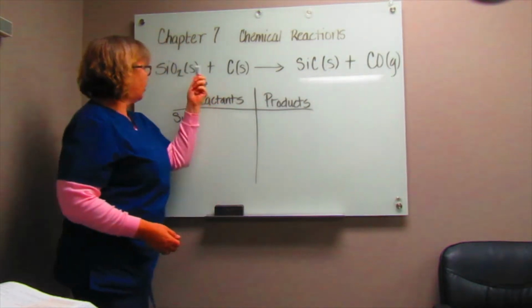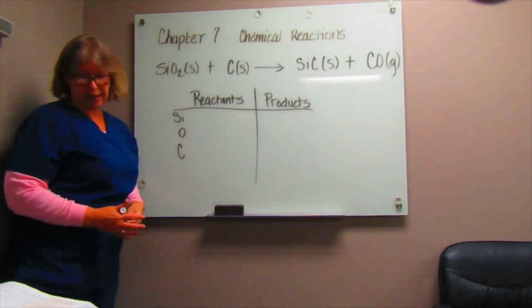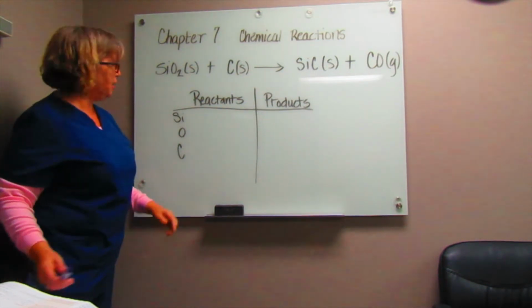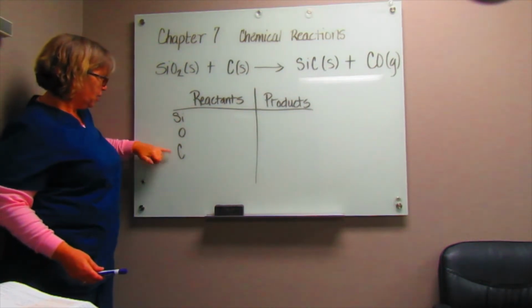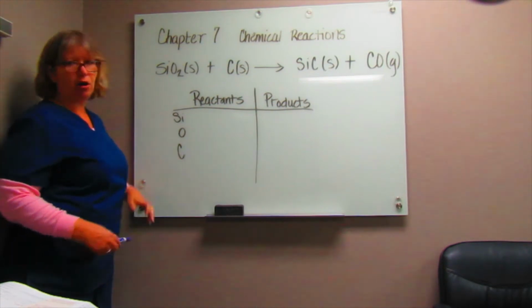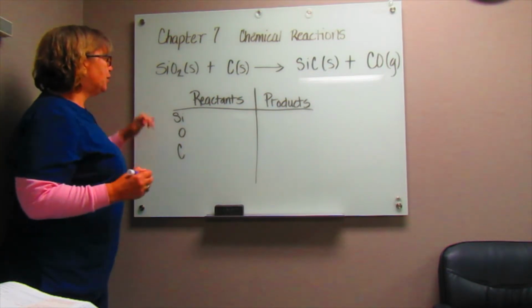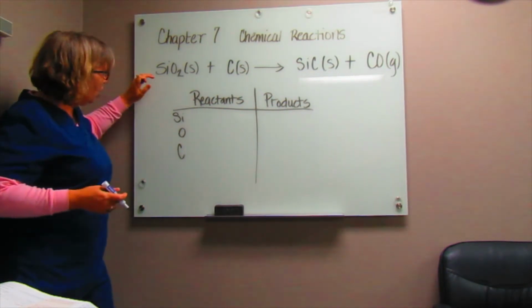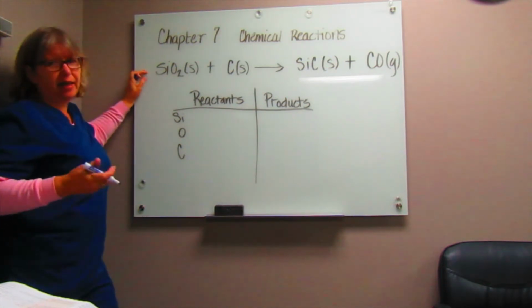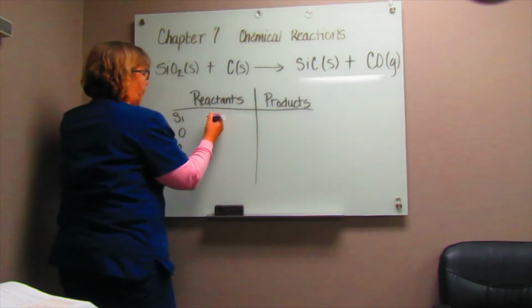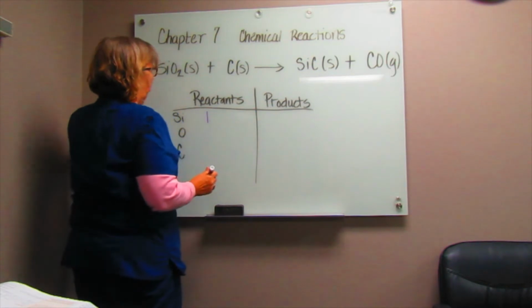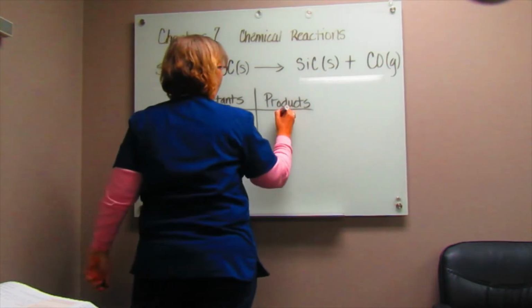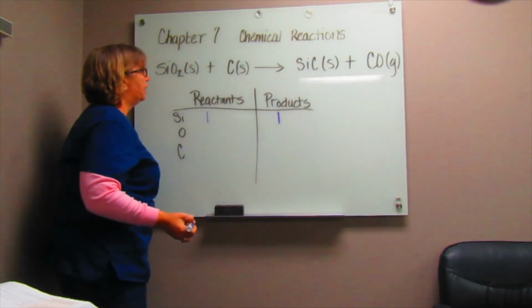And so the first thing that we want to do is our table, and we want to identify our elements: silicon, oxygen, and carbon. Looking at our reactant side, let's take inventory here. We have 1 silicon on the reactant side and 1 silicon on the product side.